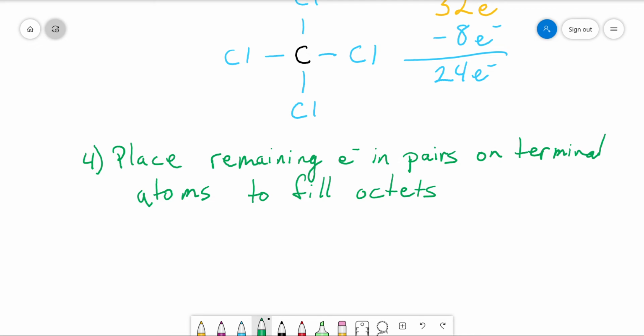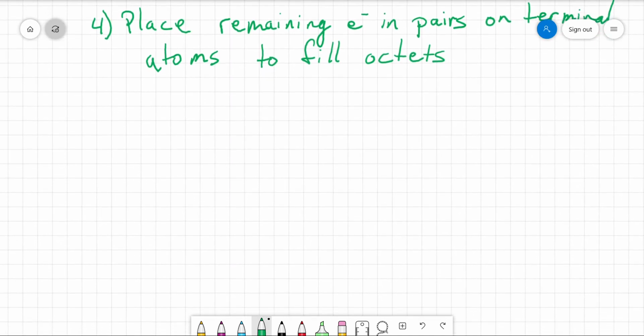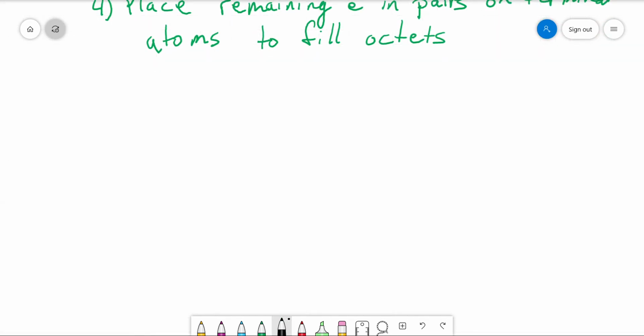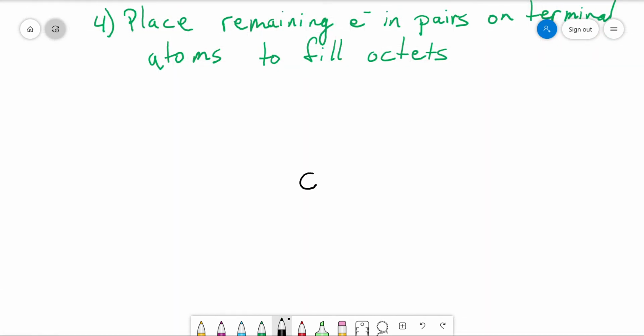So we have 24 electrons remaining, so let's go ahead and do that. I'm going to redraw that skeleton. You don't have to do it this way every time. I'm just doing it so you can see it being built as we go.